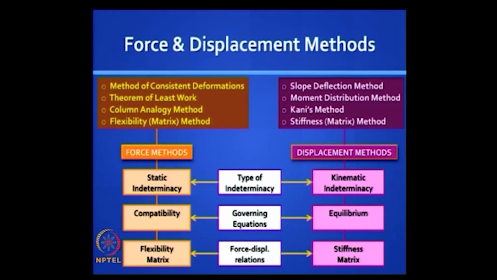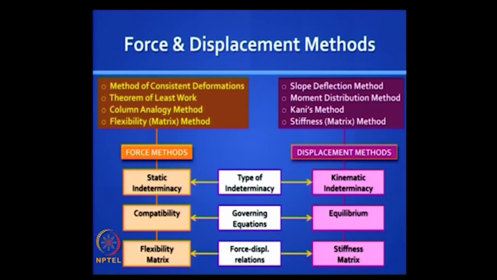Here the displacements are the primary unknowns, the degrees of freedom. We solve for these unknowns using compatibility equations in force methods and using equilibrium equations in displacement methods. And we cast the force displacement relations in a flexibility format in the force methods, and in a stiffness format in the displacement methods.